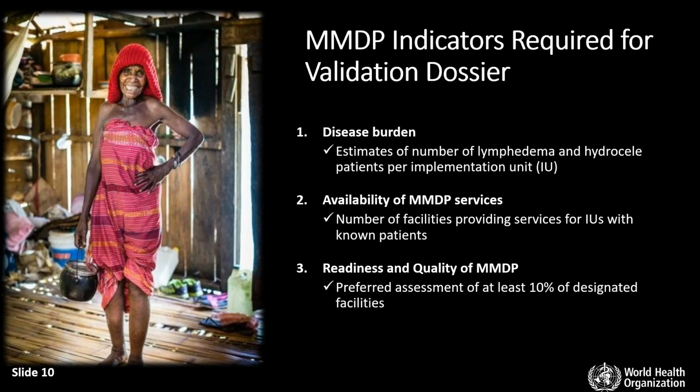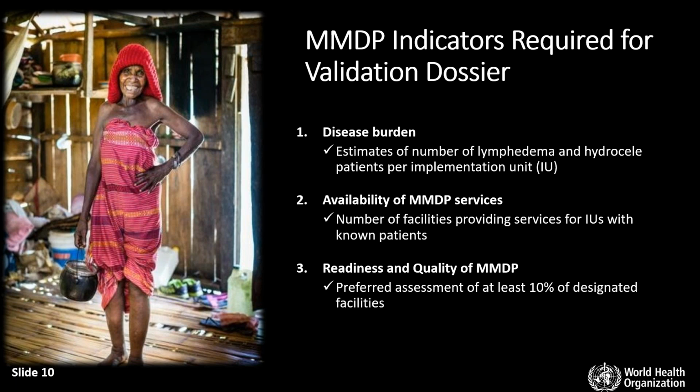As this is a part of the overall aims of GPELF, when a country has a claim to achieve requirements for interrupting transmission or the criteria for validation, which is passing the transmission assessment survey after MDA, a country also has to provide documentation that they have addressed and met the criteria for morbidity management and disability prevention.